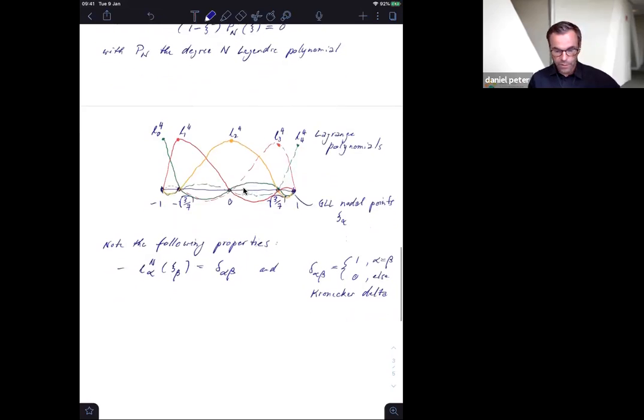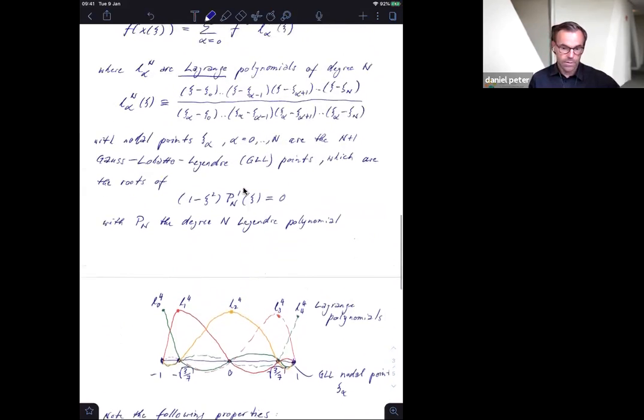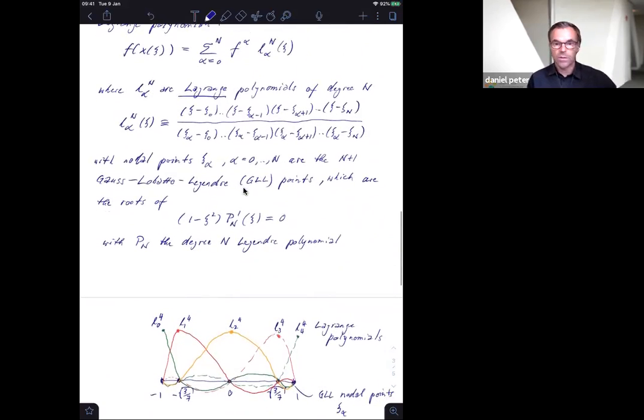But this is the first property, and for the second property, look at the function coefficients f alpha, if we go back to the expansion.